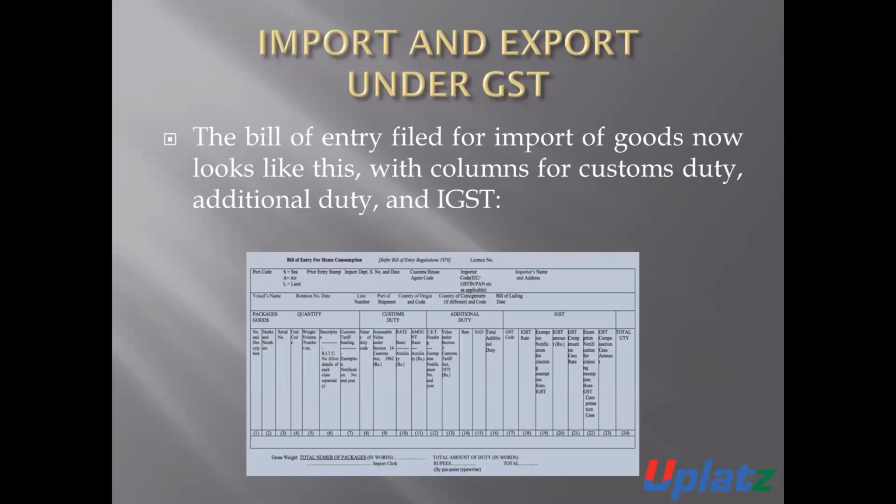Under the GST, the bill of entry contains the columns of custom duty, additional duty and IGST. So this is the format of the bill of entry.